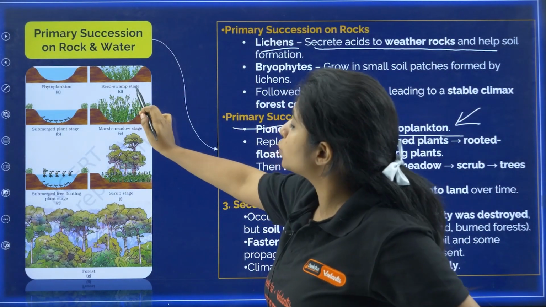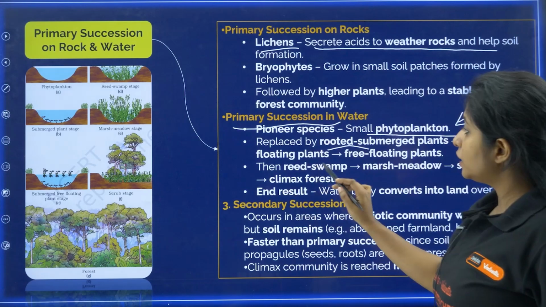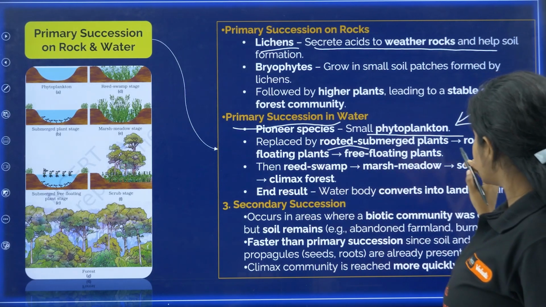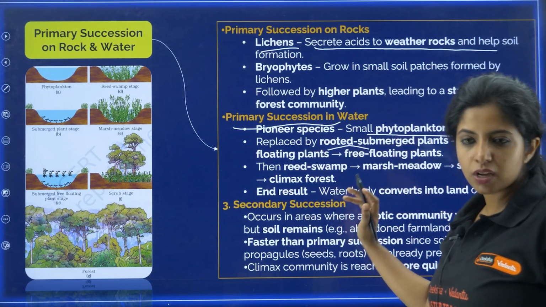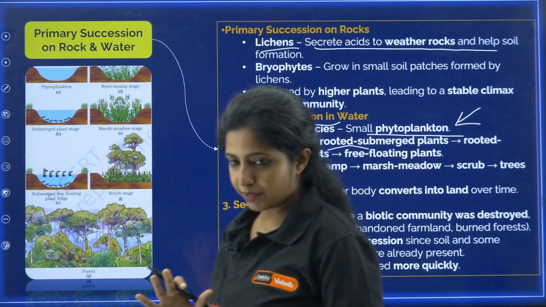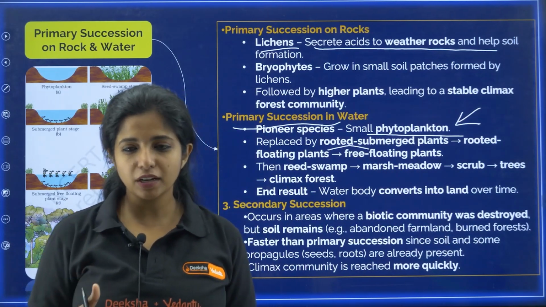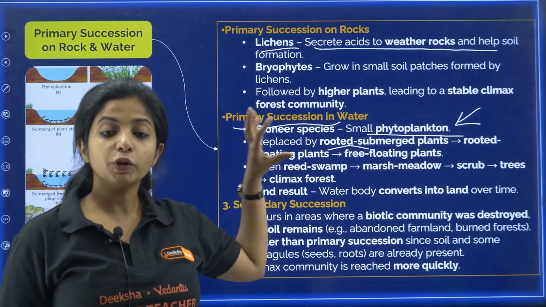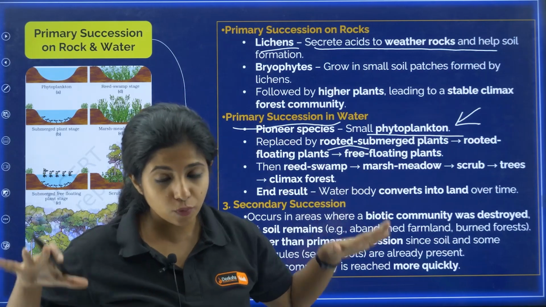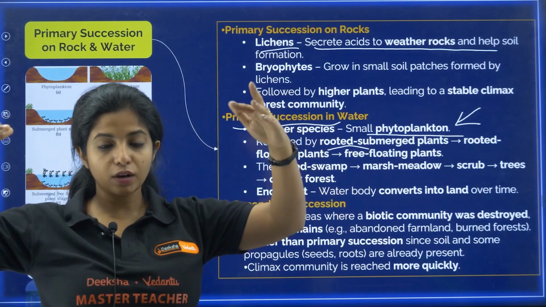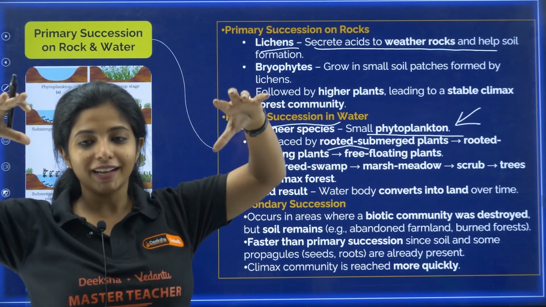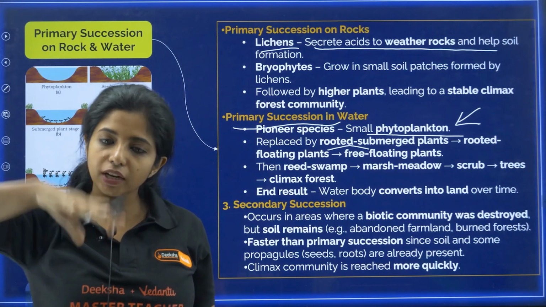Then you have reed swamp stage. Over here I have written reed swamp stage, then marsh meadow stage, then scrub, then trees, and then climax forest. If you can, just go through it once. There's nothing to explain much. So first thing, you have phytoplankton. Phytoplanktons are replaced by rooted submerged plants, and then rooted floating plants, and then free floating plants.